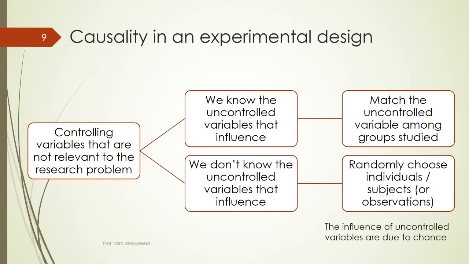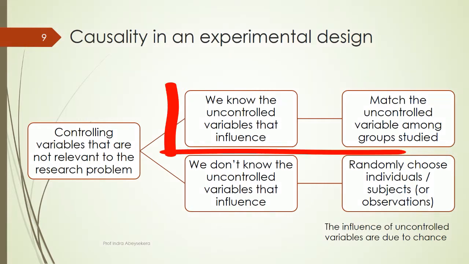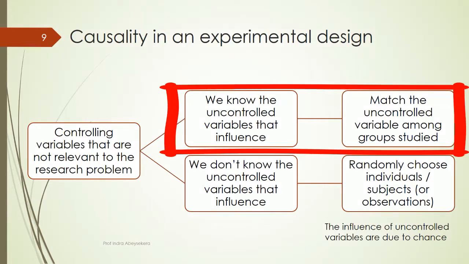But if we do know which uncontrolled variables are influencing this relationship, then we can isolate those uncontrolled variables and use them and match those uncontrolled variables in the relationship that we are testing out.